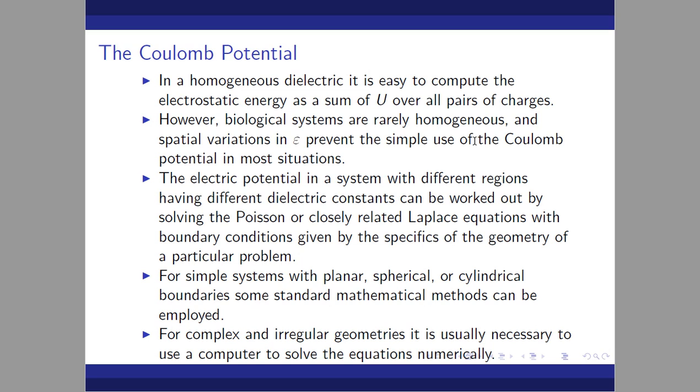So what we can say is that for the Coulomb potential that affects the structure of a biomolecule, in a homogeneous dielectric it is easy to compute the electrostatic energy as a sum of U over all pairs of charge. If our dielectric is only water, then it's easy to calculate.